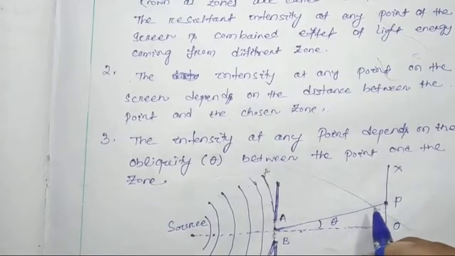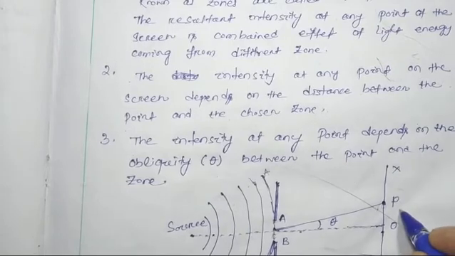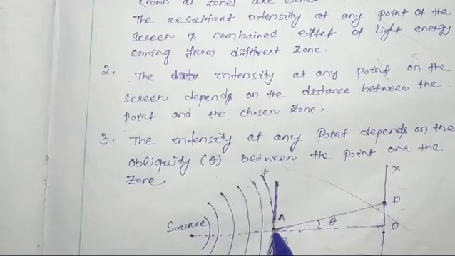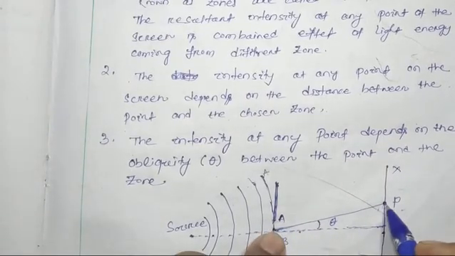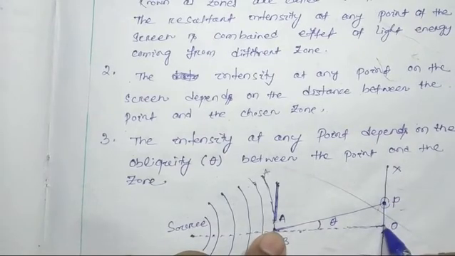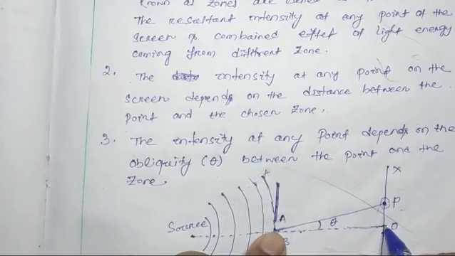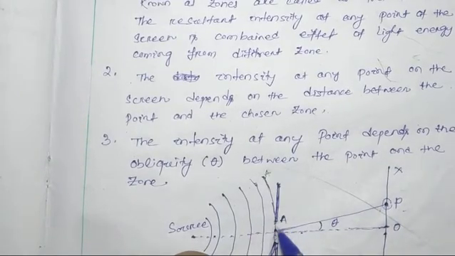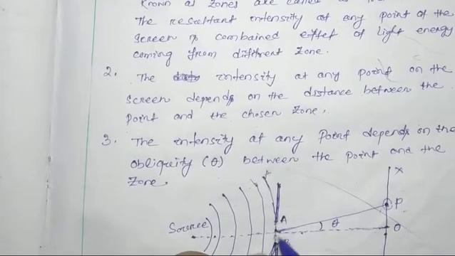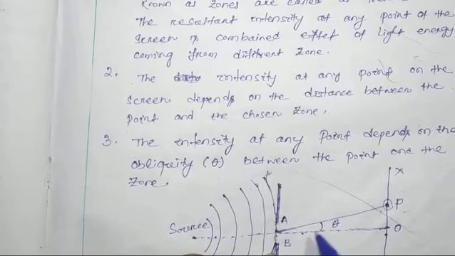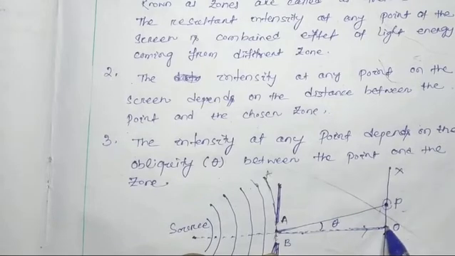And the intensity at any point P depends on the obliquity. Obliquity means, suppose we have considered this is the source. From this source, how much angle P can be observed if we consider this as the origin. If we consider this is the full slit and light is passed, this is the light's normal path, so this is O on the screen.